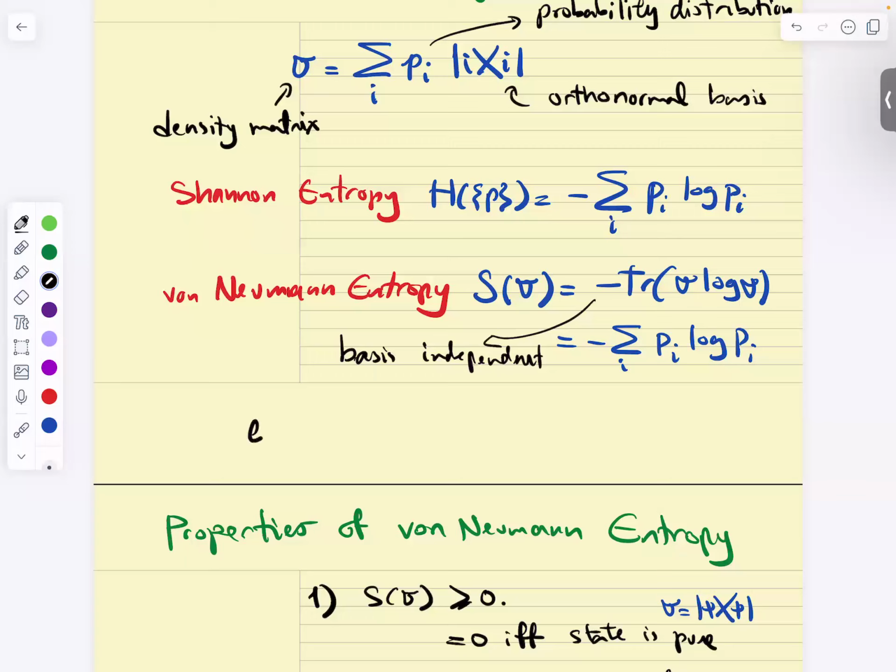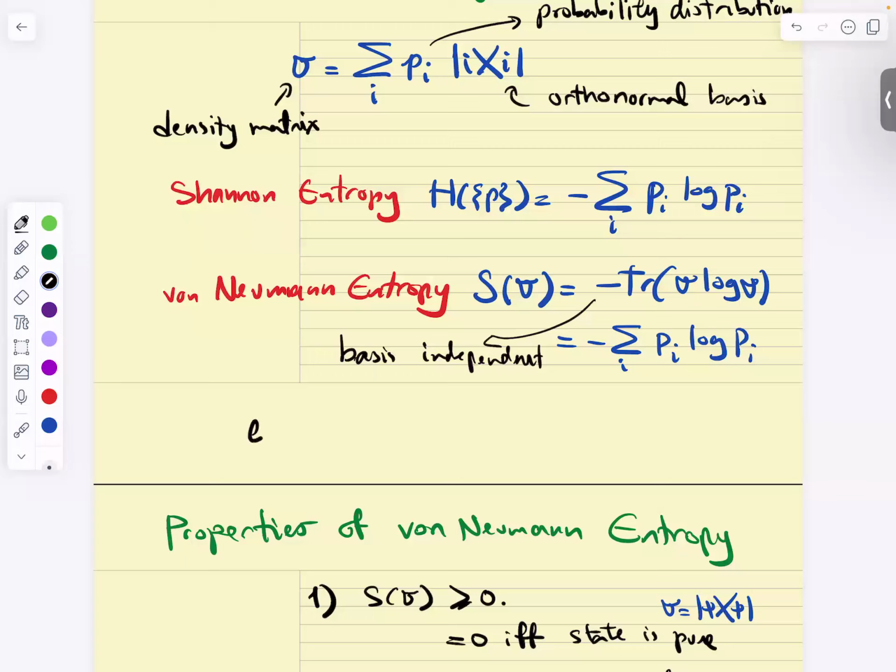So by this definition, when you have a pure state, you know everything about it. When S of sigma is maximum, log d, the state is maximally mixed, which means that it could be written as identity over d. And in this state, you know nothing.